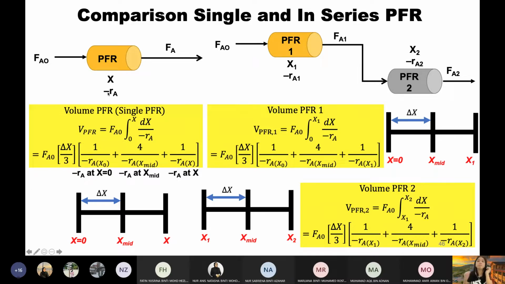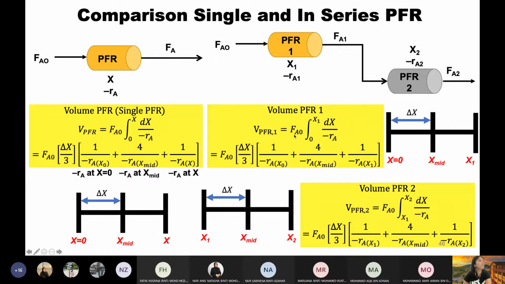Okay, dalam first reactor PFR, konsep masih sama. Dalam first reactor, dia convert daripada 0 kepada X1. Kalau tadi single 0 to X, right? But now, dalam reaktor berseries, sama konsep. You have to differentiate. X ni ada banyak. X1, X2, X3, X4. So, kalau reaktor pertama daripada 0 to X1, kamu kena specify 0 to X1.